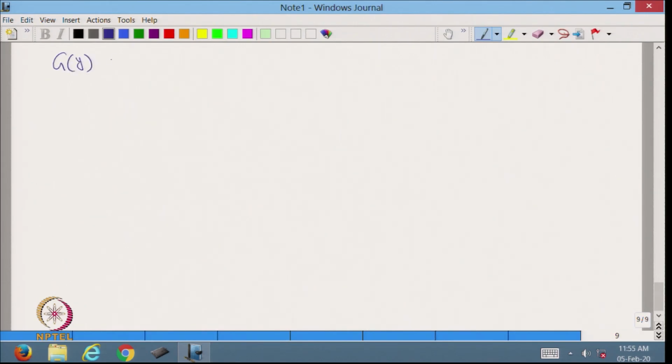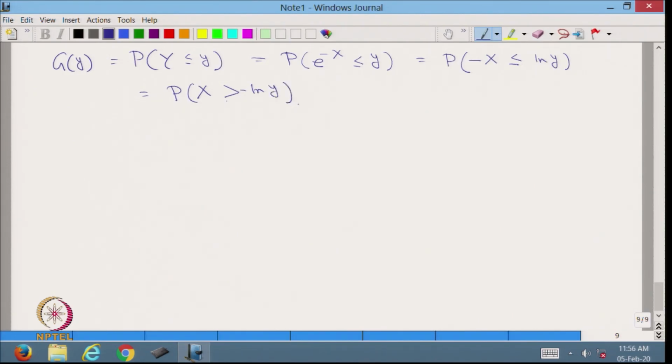So, G(y) is equal to probability Y less than or equal to y, equal to probability e to the power minus X less than or equal to y, equal to probability minus X less than or equal to log y, equal to probability X greater than minus log y, equal to 1 minus F of minus log y, equal to 1 minus the integral from 0 to minus log y of 2x dx.